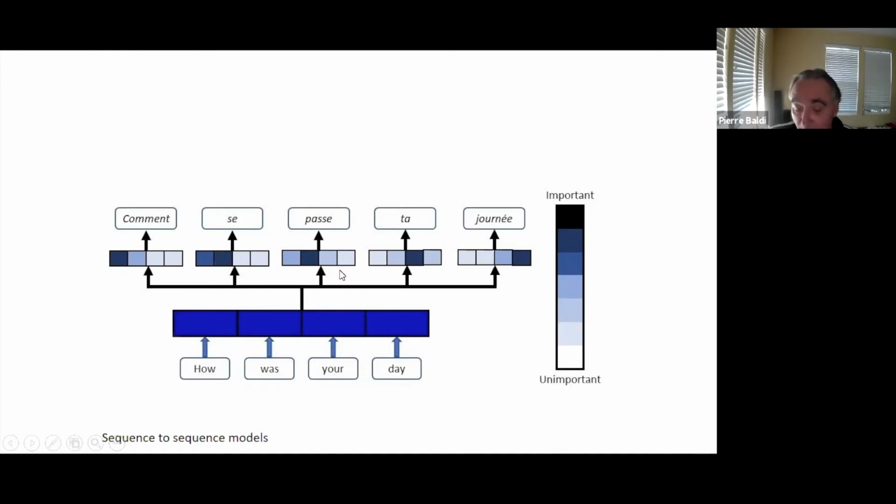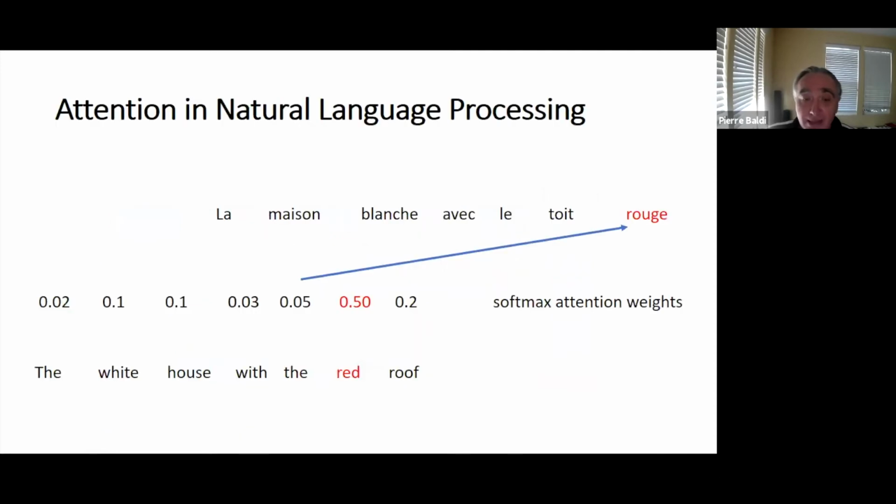So that's where attention was applied. And it has been very successful in natural language processing. And the best natural language processing you see today that you use all the time in your various applications are using these attention mechanisms in a massive way.